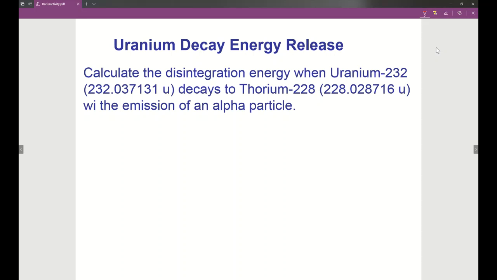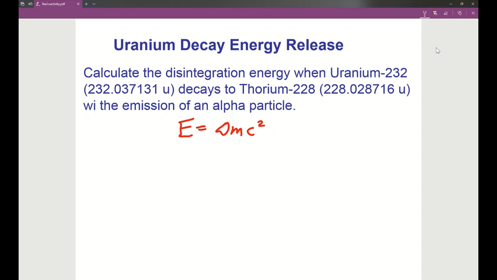We're going to calculate the disintegration energy from when uranium-232 decays to thorium-228 with the emission of an alpha particle. Well, all we have to do here is remember the equation we did from last unit. E is equal to delta m c squared.